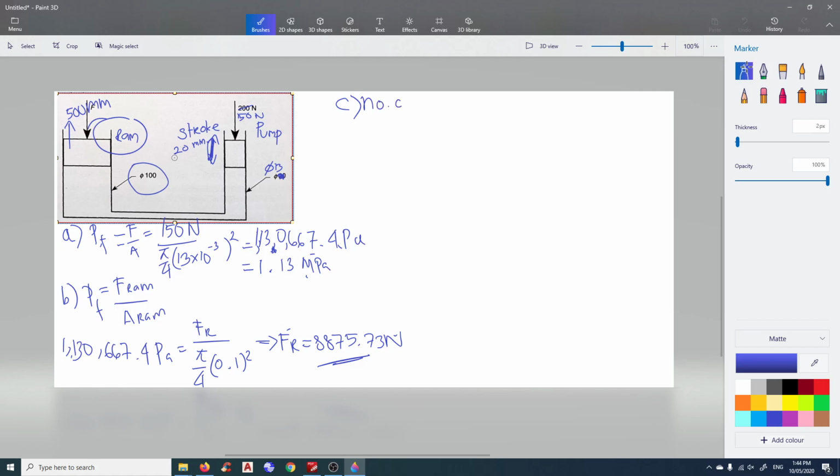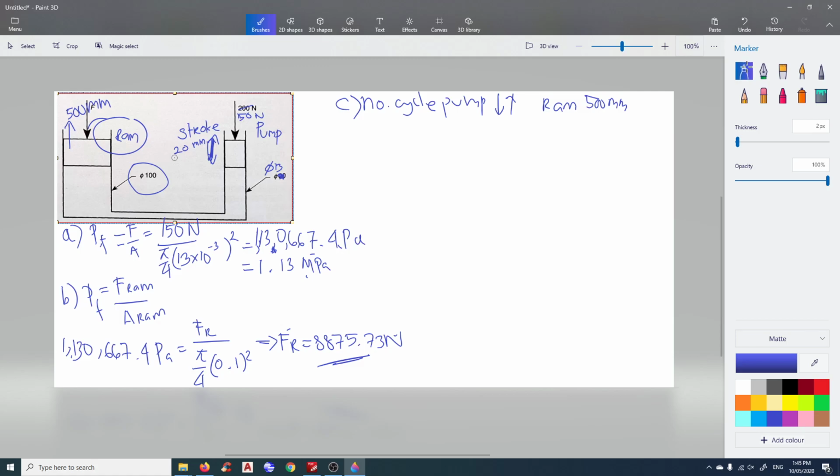Now question C, the number of cycles for the pump to go up and down to move the ram by 500 mil. The best way to solve this is to look at the volume.